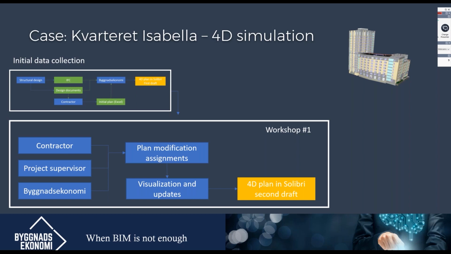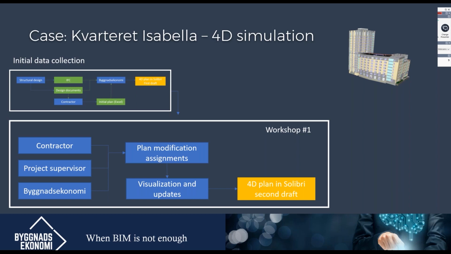In the workshop, we went through the initial draft and looked at all of the small details, which I will show a little better in a moment, and gathered some plan modification assignments, which we then worked on after the workshop. During the workshop, we used the visualization and other ways of correcting the plan.